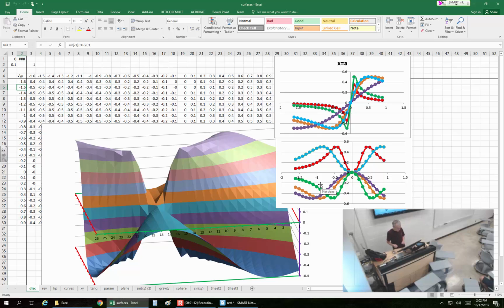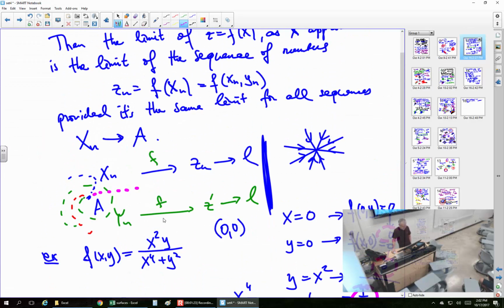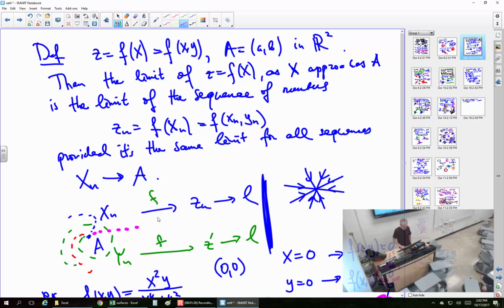Vice versa, it does work. So it works in one way. If it works this way with the magnitudes or distances, this is how we understand limits: once again, the distance x_n to a goes to 0.